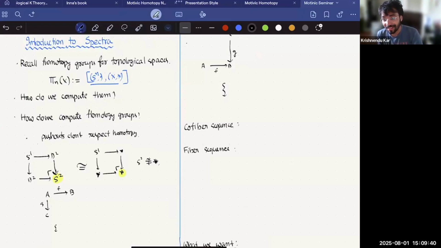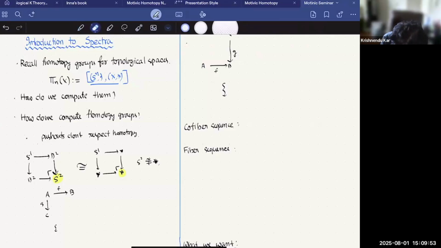But we can do something here that will make it respect homotopy. Instead of taking the actual pushout of the diagram, we replace them by mapping cylinders. Let's get back to this diagram.